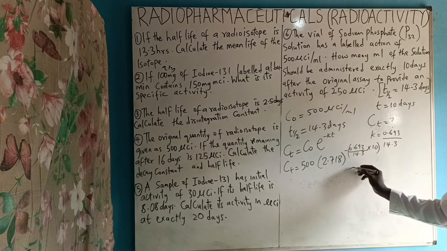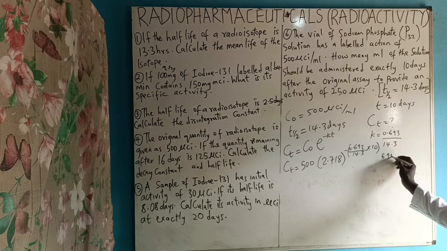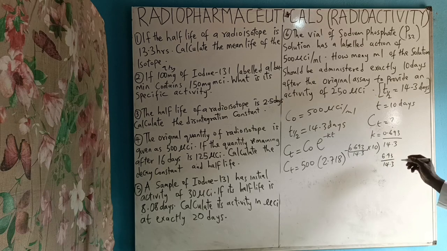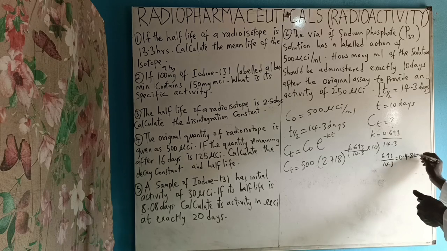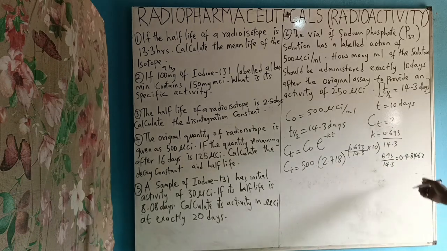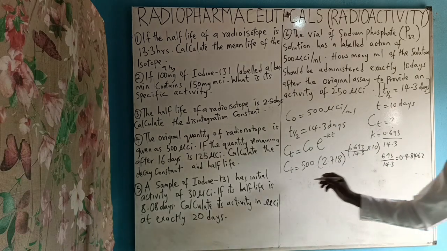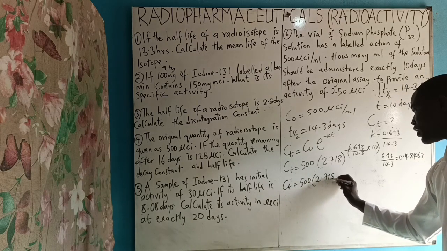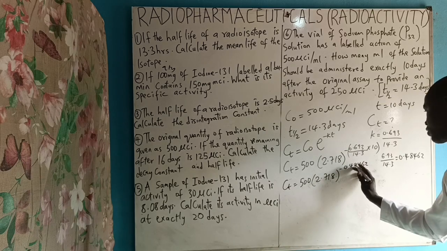So when you sort out this power, 6.93 all over 14.3, when you divide it, it will be giving you 0.48462. We are using a longer digit because we still need it here. And so you'll be having that your CT is equal to 500 times 2.718 raised to the power minus 0.48462.